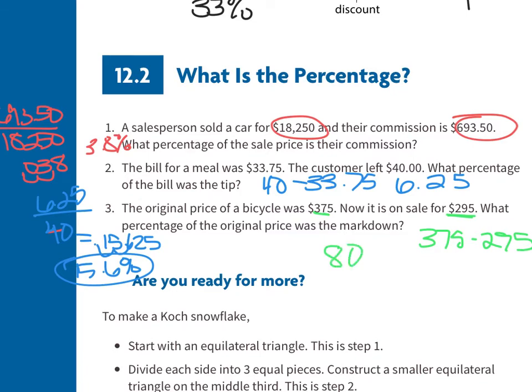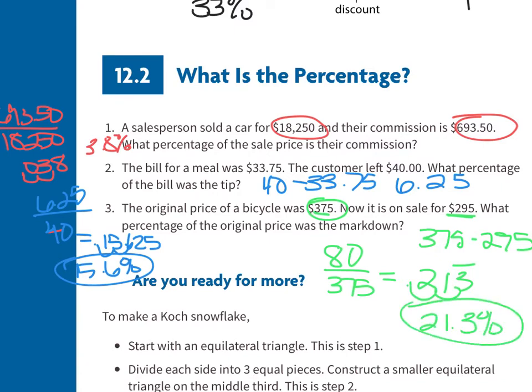So they marked it down $80, and we divide that by the original price, $375. 80 divided by 375 is 0.213333. If we move it over twice, it's 21.3%. So, partial amount divided by whole amount.